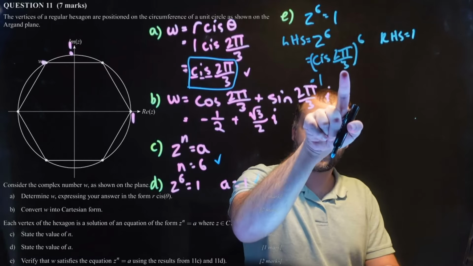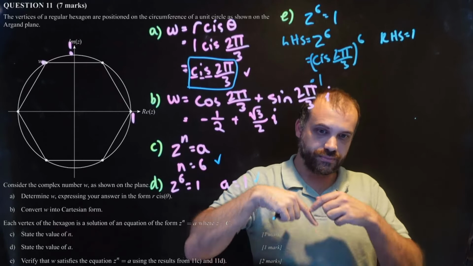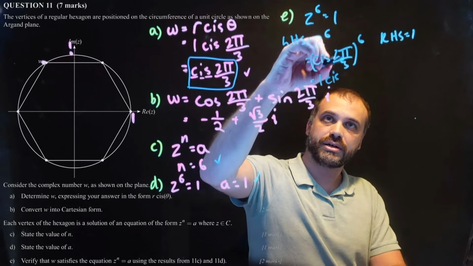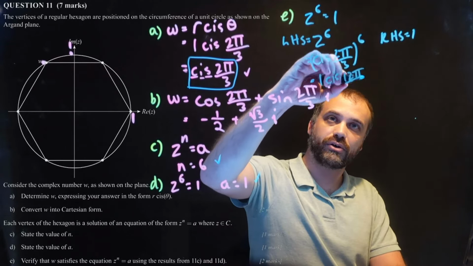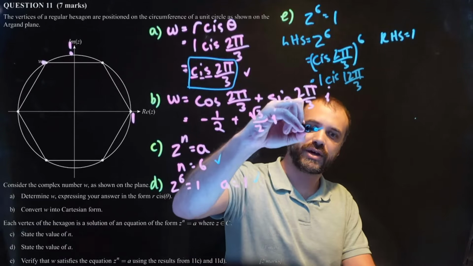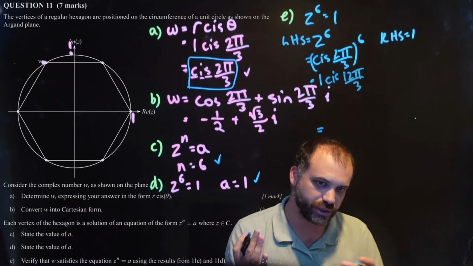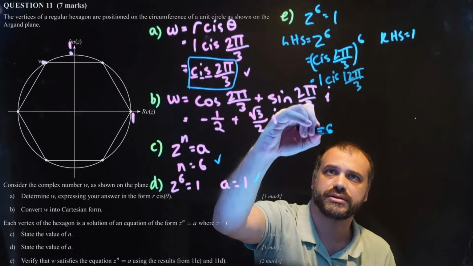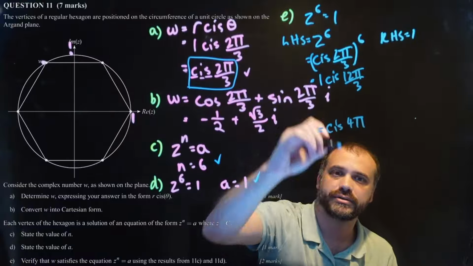And then if we want to raise this to the power of 6, we multiply the angle by 6. That's de Moivre's theorem. So we end up with cis 12 pi on 3. Sorry, I'm sort of working through my work, but hopefully you can follow me here. Cis 12 pi on 3 is equal to cis 4 pi.